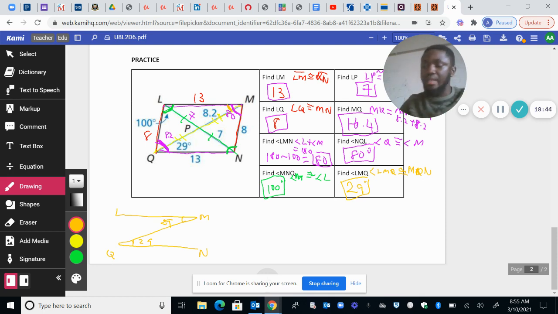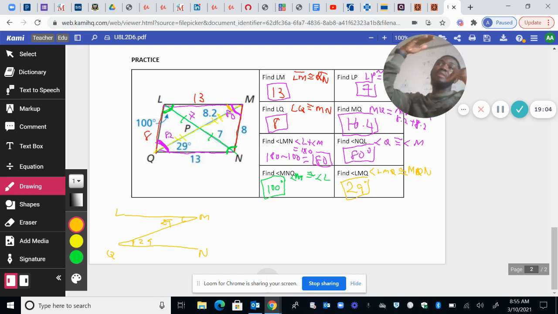And then we have four attributes of a parallelogram. The first one is opposite sides are congruent, so the upper and lower sides are always equal. Left and right are parallel and equal. The next thing is about opposite angles.